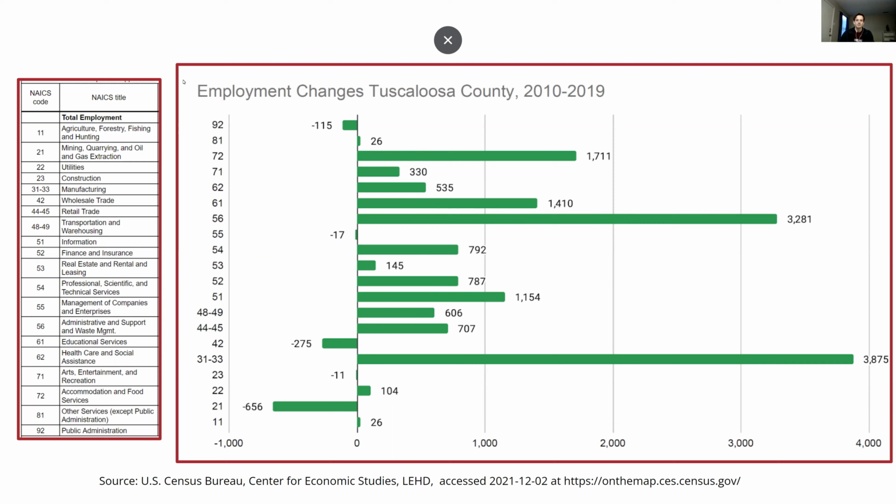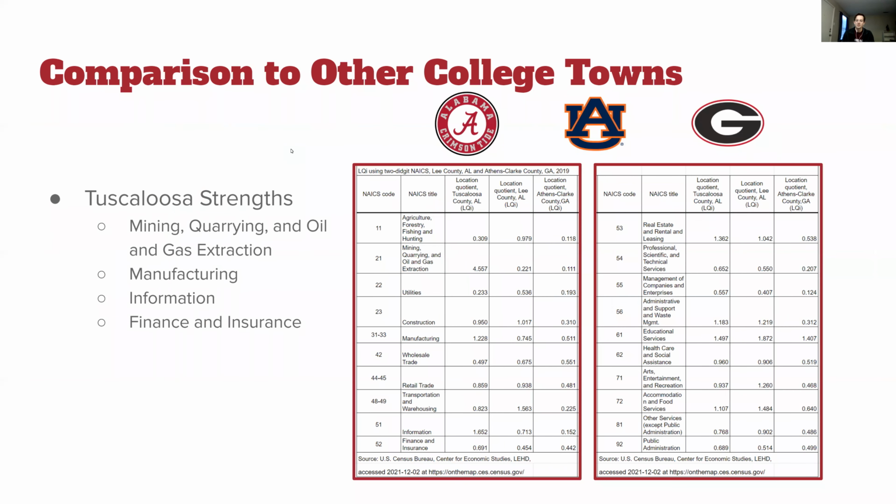Comparing these to a couple different college towns, Lee County, Alabama, which is where Auburn University is located, and Athens, Clarke County in Georgia, which is home to University of Georgia, we can again see Tuscaloosa's relative strengths in similar areas as we've seen from location quotient and the increase in number of employment.